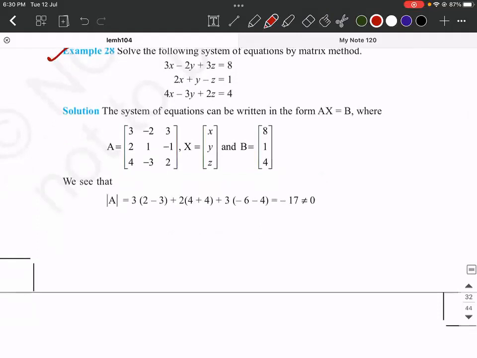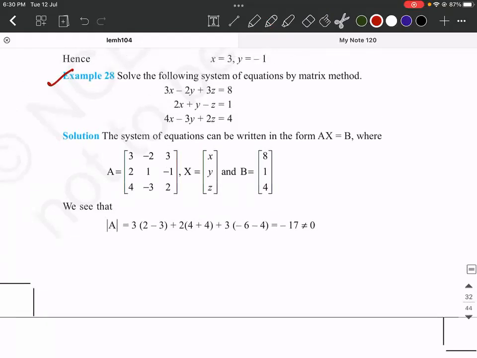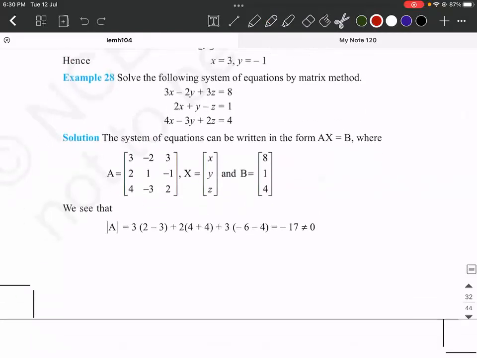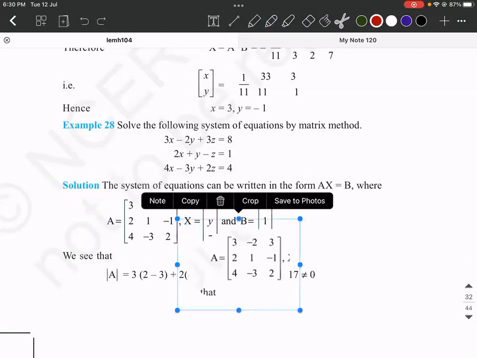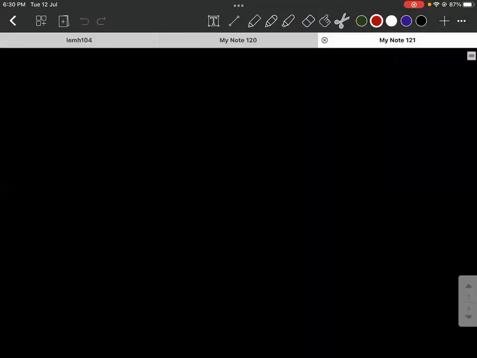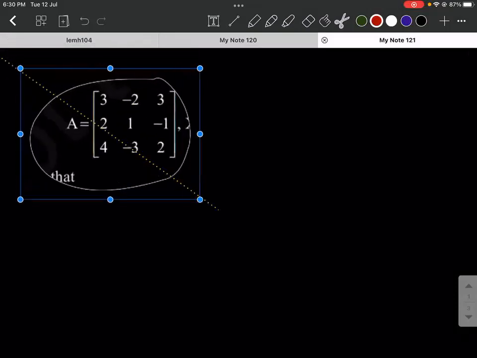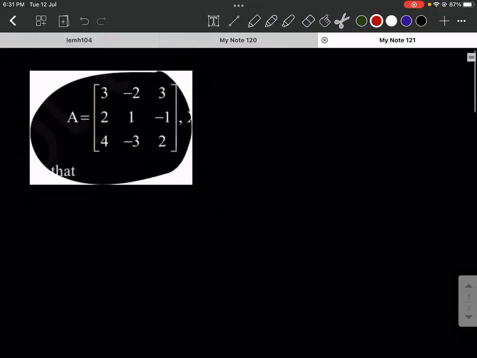So I'll just explain another method. Just observe it. An alternate way: did you all get the inverse matrix?